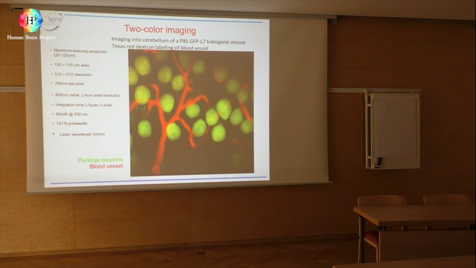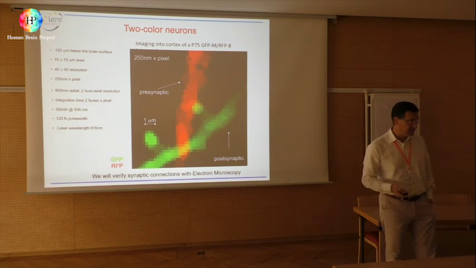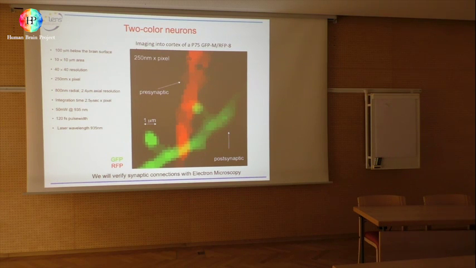And this is an example of 2 colors, as I was telling you before, where Purkinje cell and vasculature are imaged at the same time. Of course, you can use also transgenic mouse that are 2 color labeled. This is a transgenic mouse who has the presynaptic and the postsynaptic labeled differently. So this can be also useful for many kind of studies.